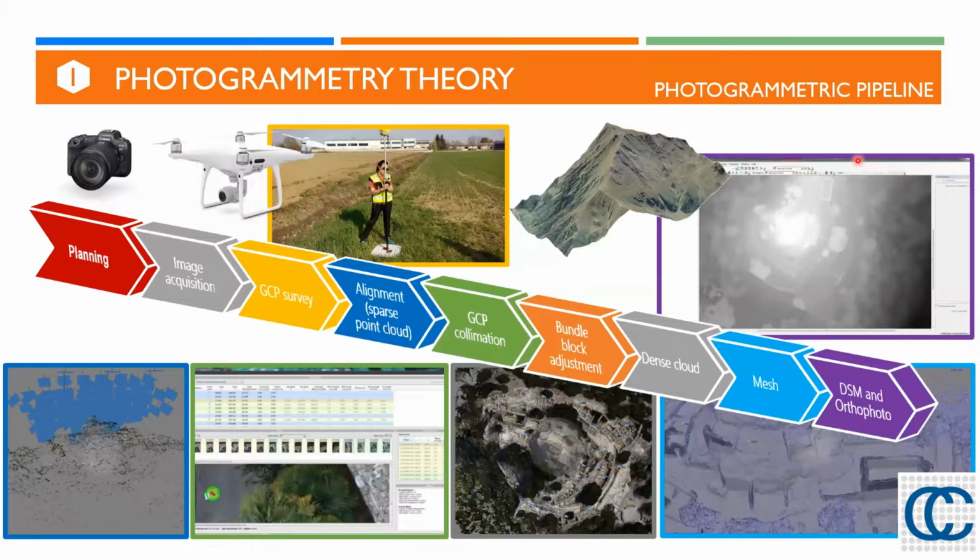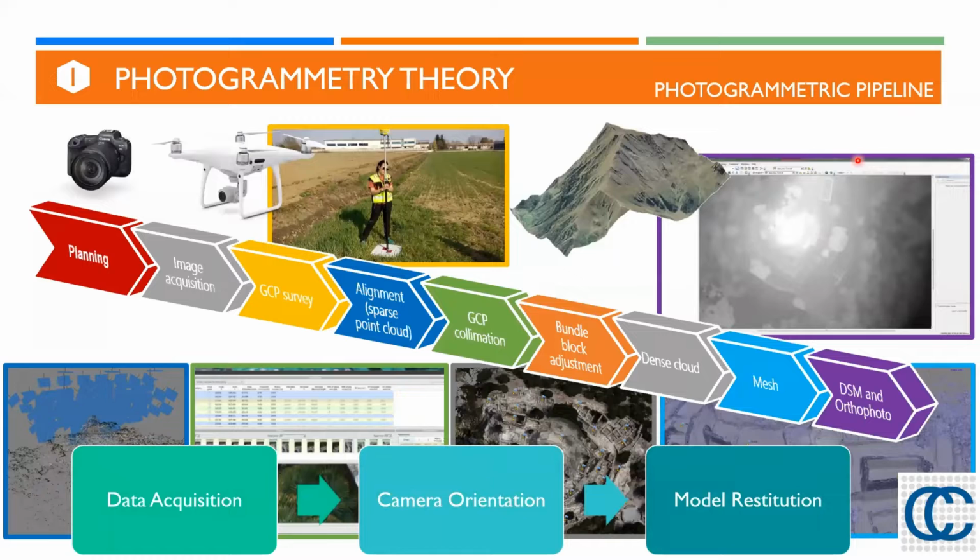So this is the pipeline of the photogrammetric process, the one that you are going to do in the practical part. You always start with 3 different phases: the data acquisition, the camera orientation, and the model restitution. The important thing is that, as I told you before, in the first part here, you're dealing with the relative orientation, and you are aligning your images, and this is the part of the photogrammetric pipeline when you are generating your sparse point cloud.